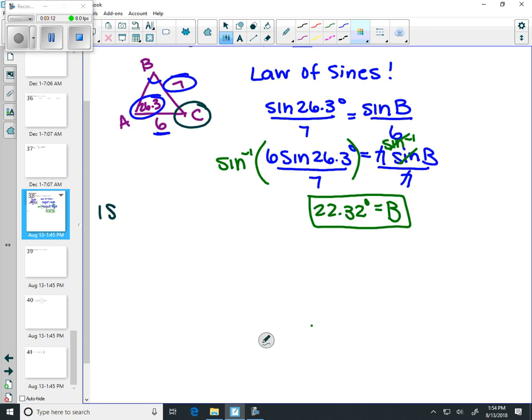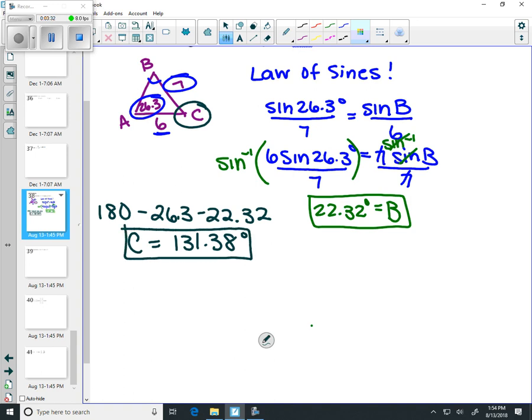So I'm going to take 180, and subtract angle A, and subtract angle B. And when I do all that subtraction, I get that angle C is 131.38 degrees. And that is big C.